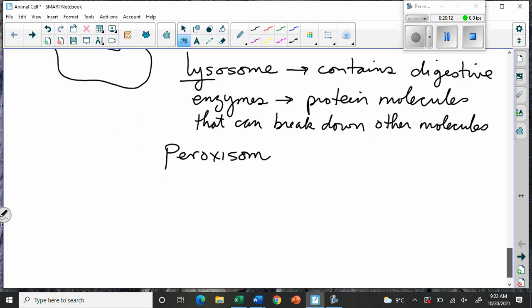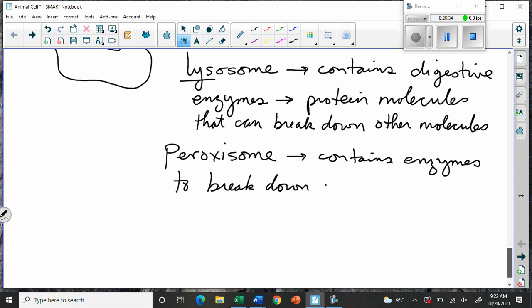So it's very much like a vacuole. If you looked at them under the microscope, they'd probably look identical to each other because they are the same sort of structure. But the peroxisome contains different enzymes. It contains enzymes to break down peroxide molecules, hydrogen peroxide and different peroxides.